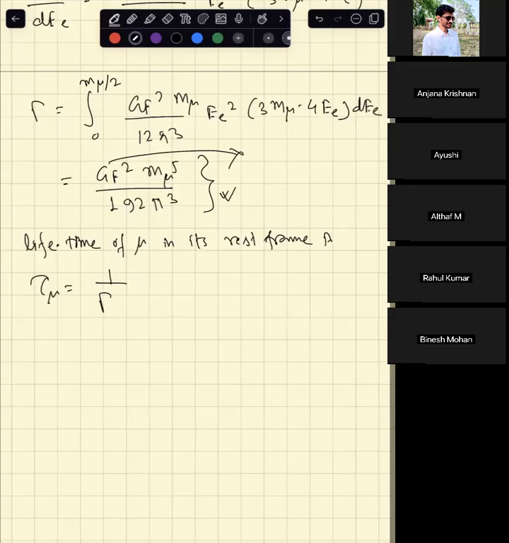What we'll find is approximately 10 to the minus 5 GeV to the minus 2. But at this point, this is just a parameter.